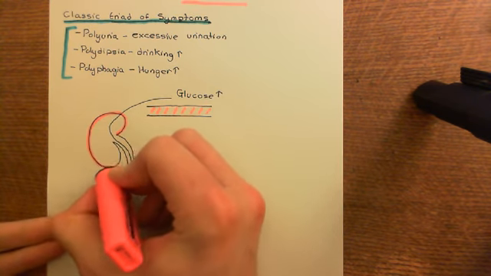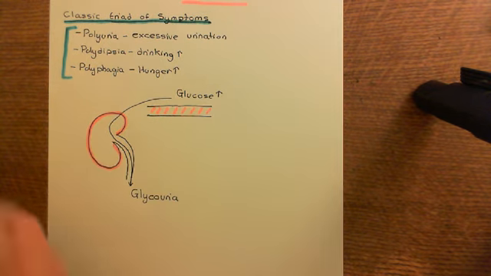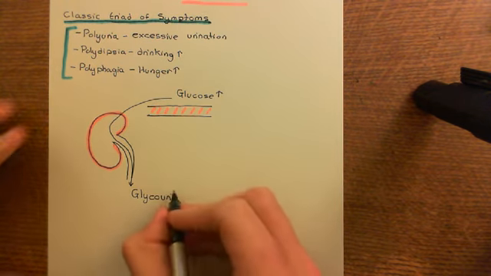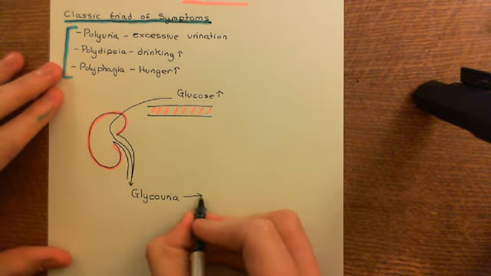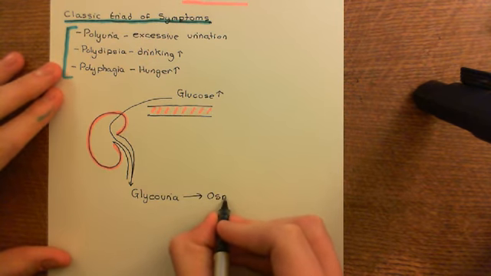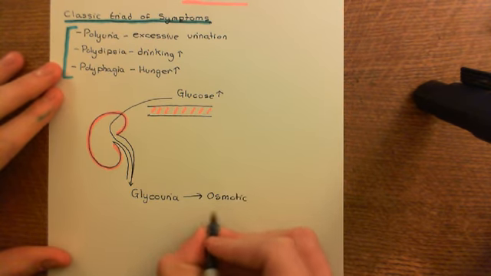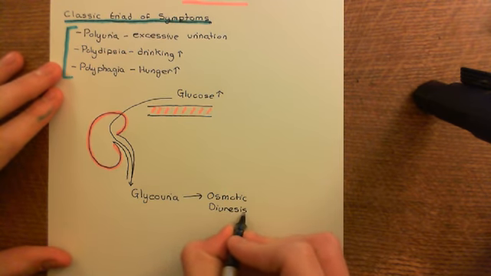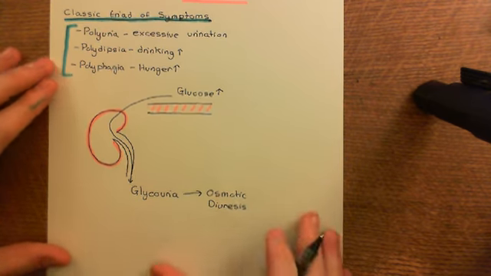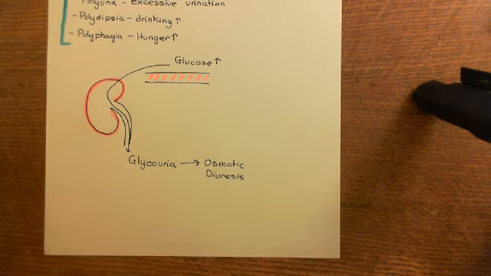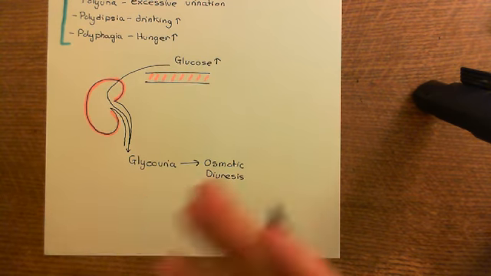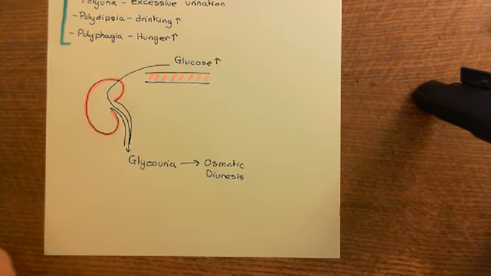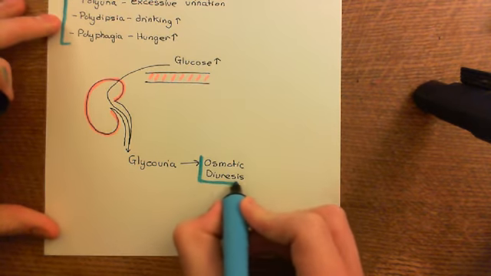So what ends up happening is you also end up making more urine, and you get what's known as osmotic diuresis. To excrete this glucose, you're also going to have to excrete water, because the glucose has to be dissolved in something. So if you're going to excrete this glucose, you're also losing water at the same time, so you're going to now get osmotic diuresis.